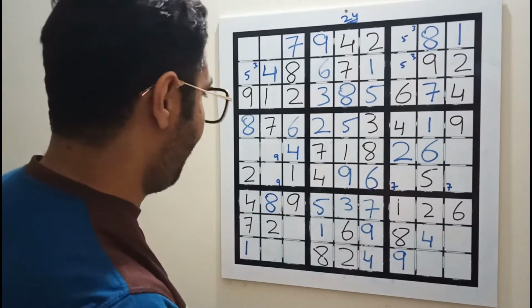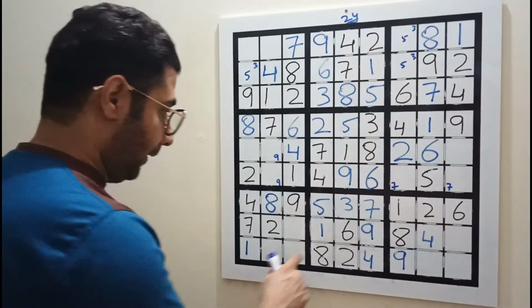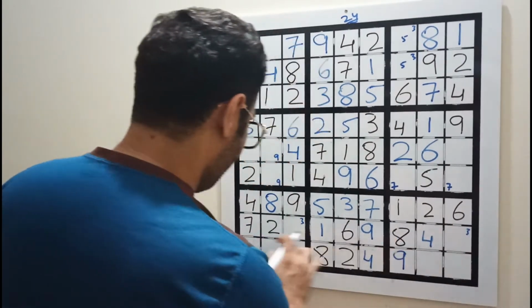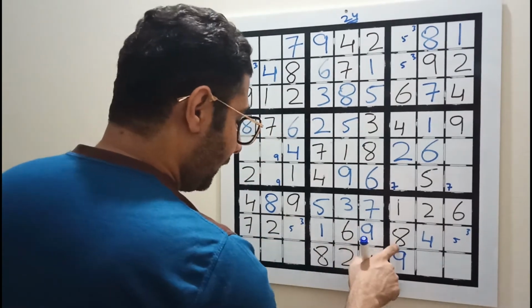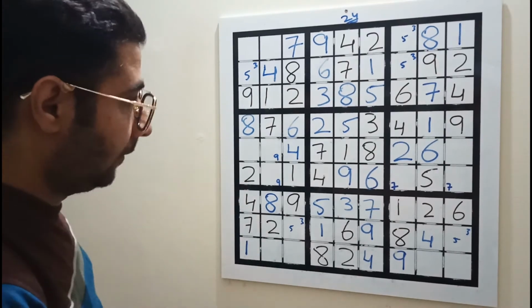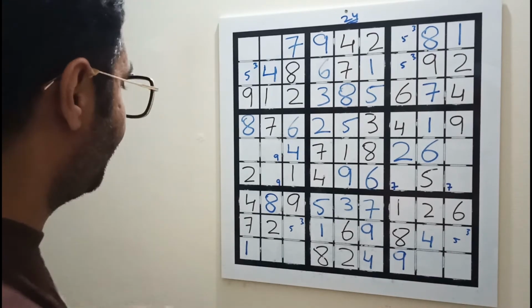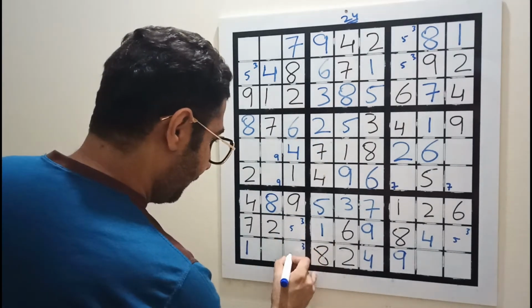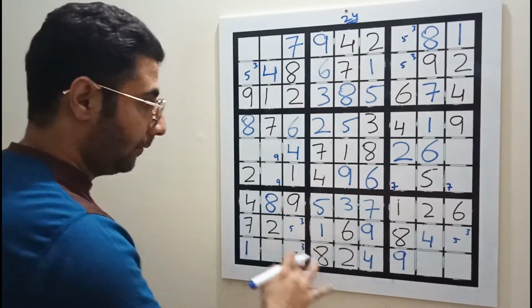Okay. Now what? We got 2 left here. 1, 2, 3, 4, 5, 6, 7, 8, 9.